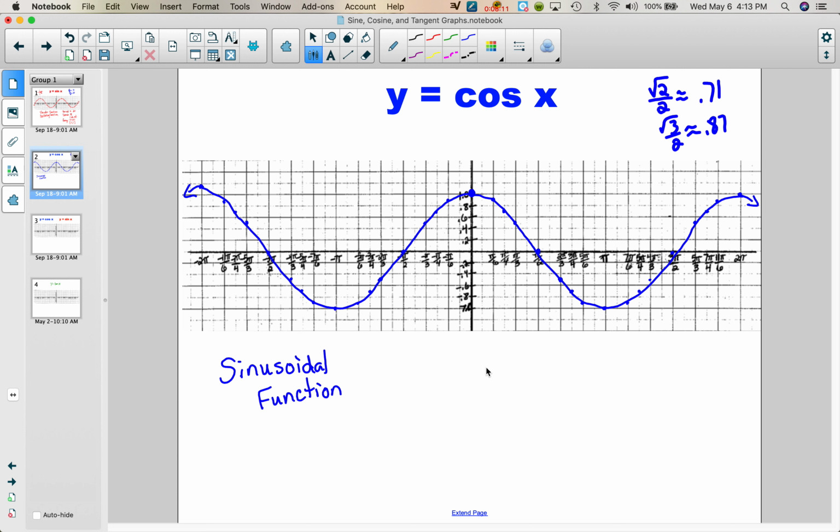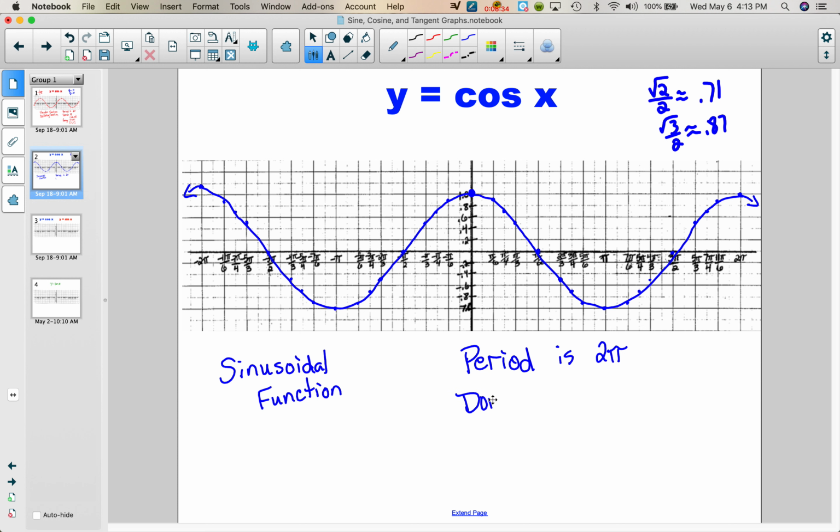So let's talk about the period. If you look at the period here, I'm going to start at 0 because that's a good place to start. And notice, when does it do one complete rotation? Well, it's at its max here, and it's going to go down to the minimum and then come back up. So you'll notice that the period is still 2 pi.